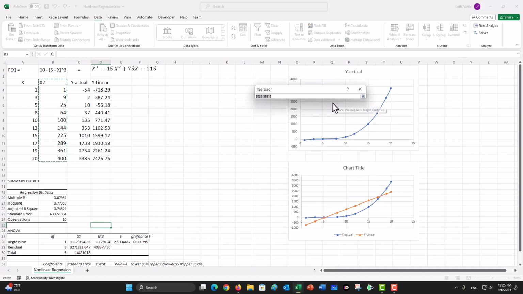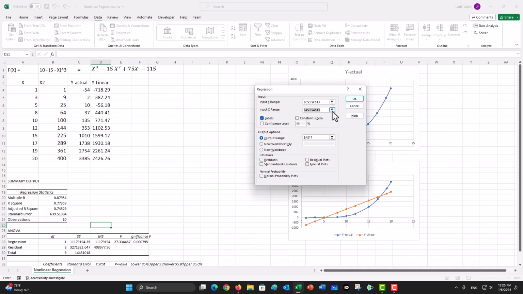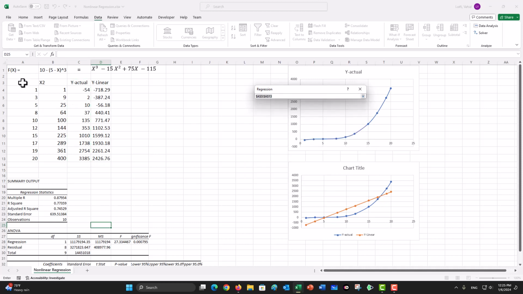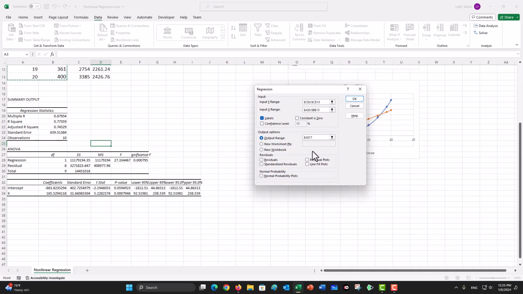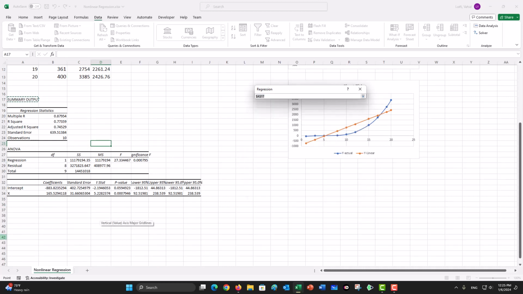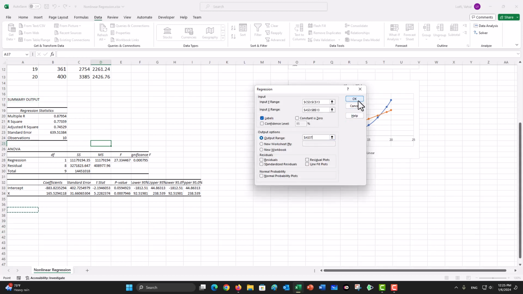Select the y values, select the x values, now select a place to put the regression output. I'll put it below the first one and click OK.